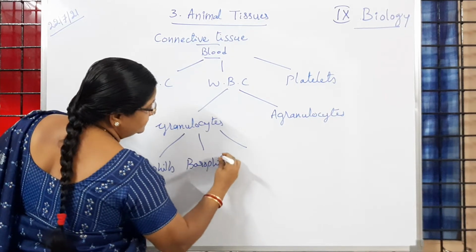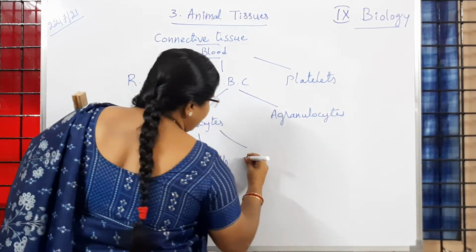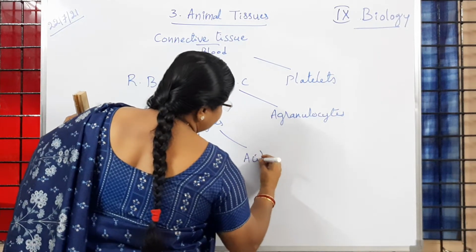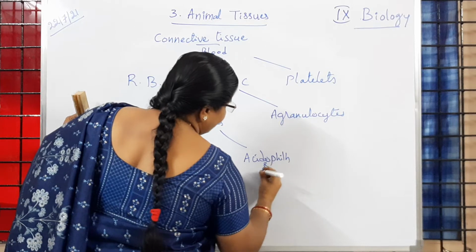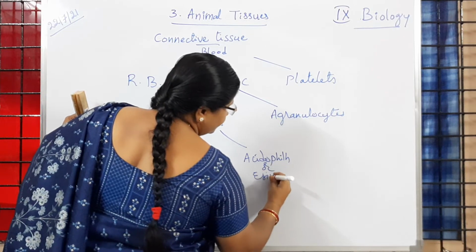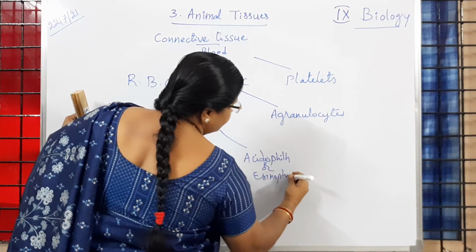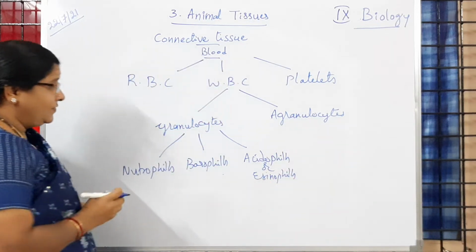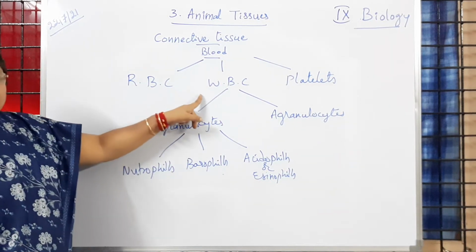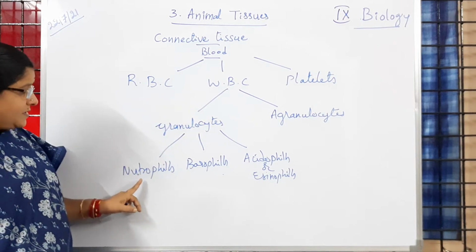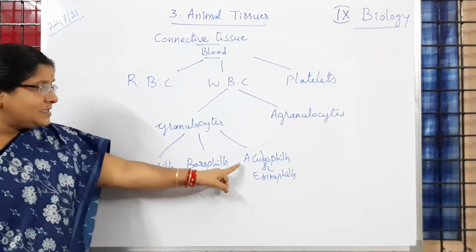Basophils. Third one, acidophils or eosinophils. Is it clear to you? So the granulocytes of WBC, if we observe, they are of three types: neutrophils, basophils, acidophils.